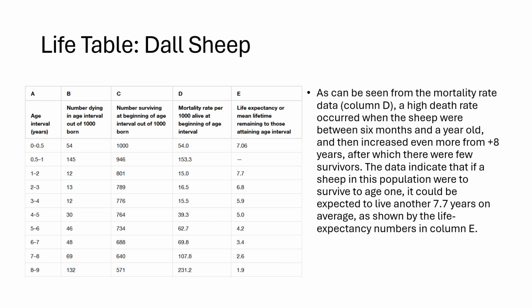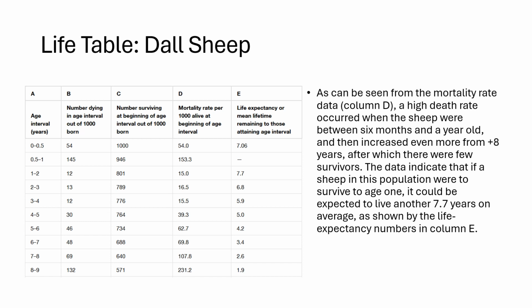So what you see then for the Dall sheep is, if you look at the column D, the mortality rate, so from 0 to half a year, so 6 months, the mortality is pretty high, like 7, right?